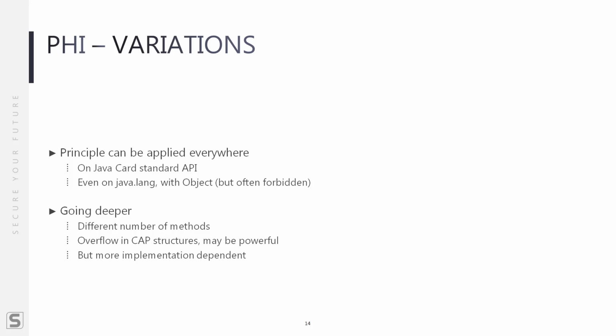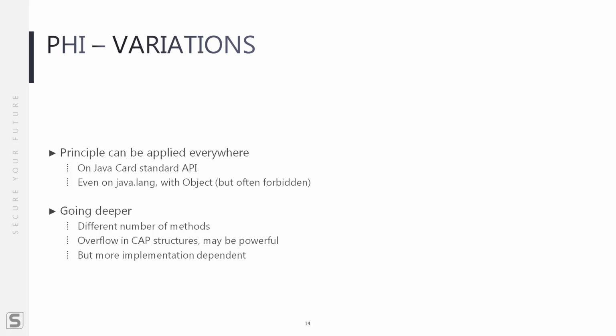We can even do this with object class, meaning creating a fake object class with the ability to create two distinct inheritance trees. However, loading a new object class is often forbidden by the virtual machine, as this class has specific fields value that are usually checked during cap file loading.